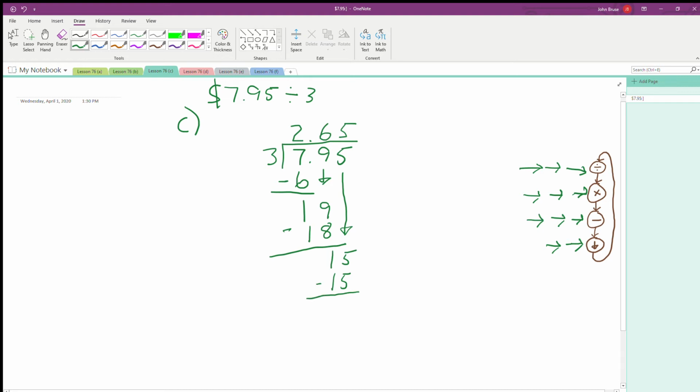And that leaves us with 0. Do I have any more numbers to bring down? No. So we're done. All right. This was a money problem, as you guys can see right here. So we need to make sure that we add a dollar sign for our answer, and we circle it.